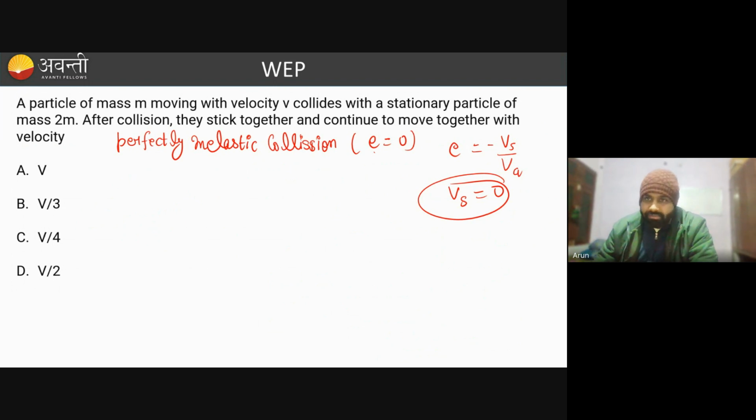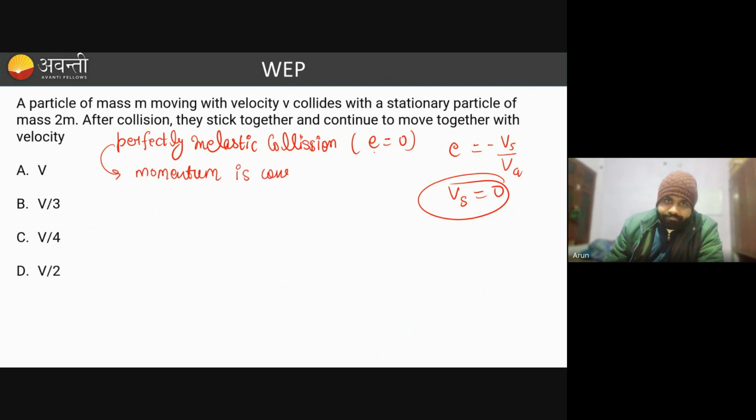Now we know that in perfectly inelastic collision, momentum is conserved. So we can say that P initial is equal to P final.